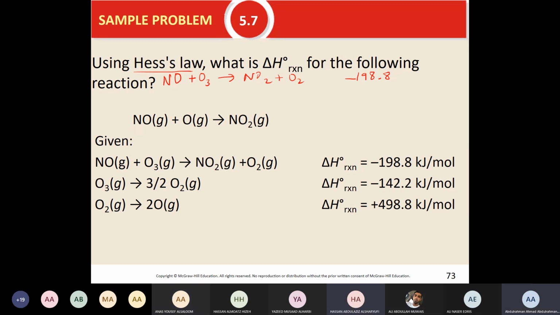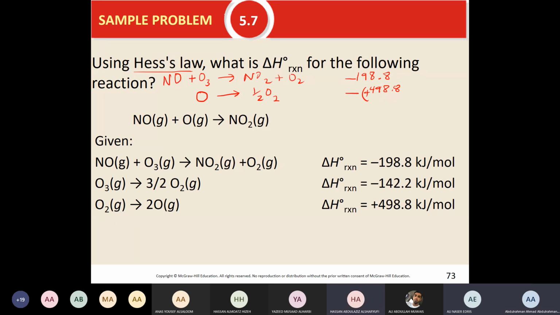Third reaction. Reverse it, only reverse it, and divide by 2, exactly. So I will make it O goes to half O2, and what will be the heat here? Minus times 498.8 divided by 2.